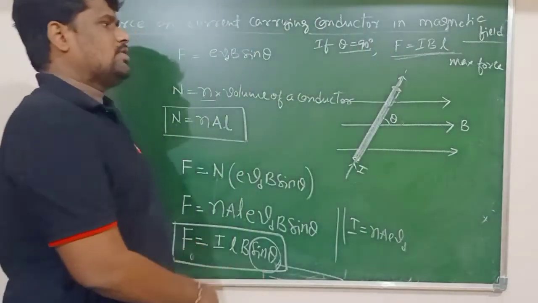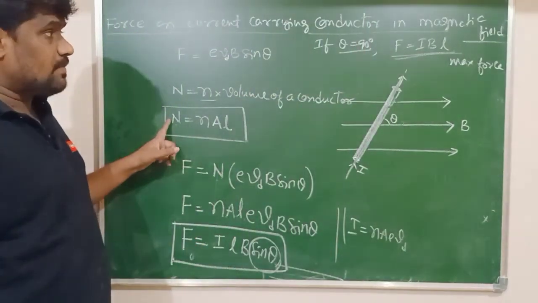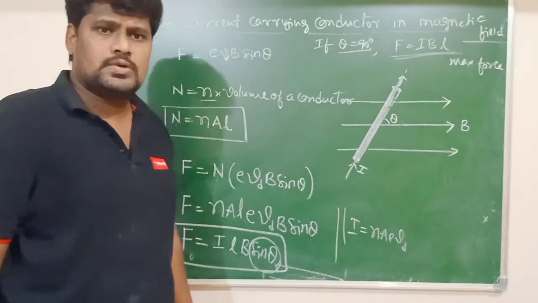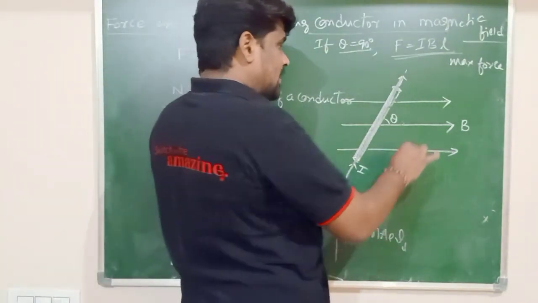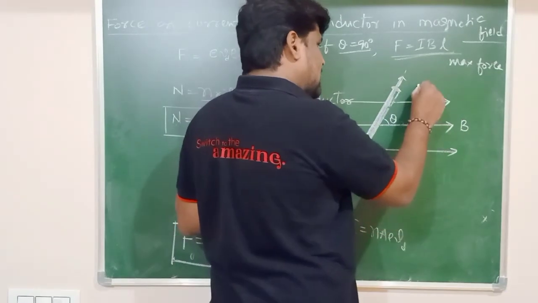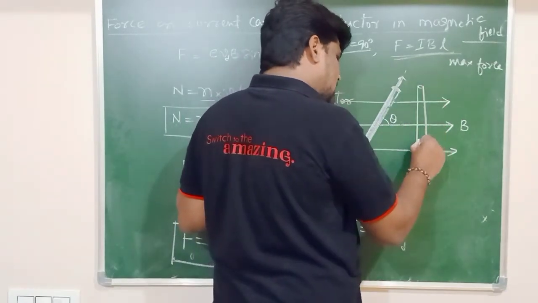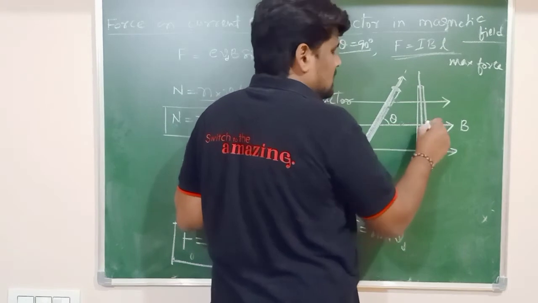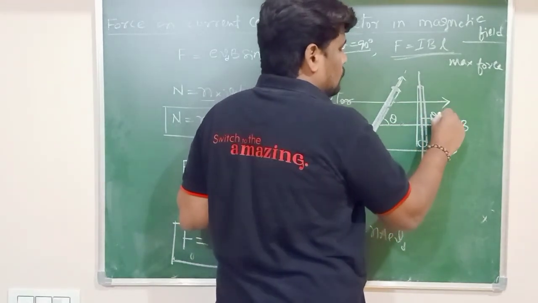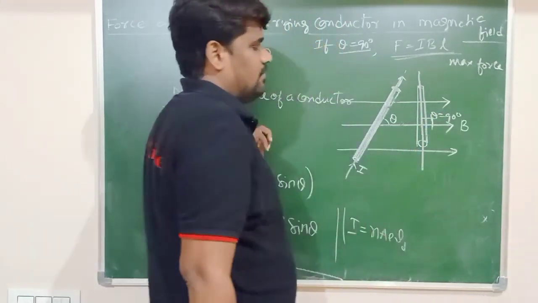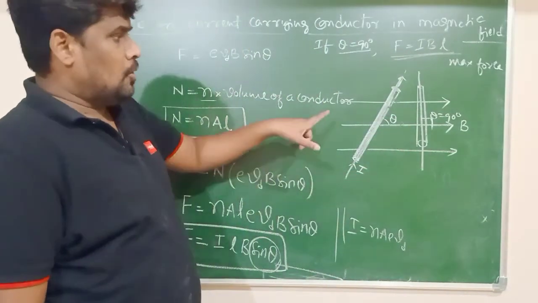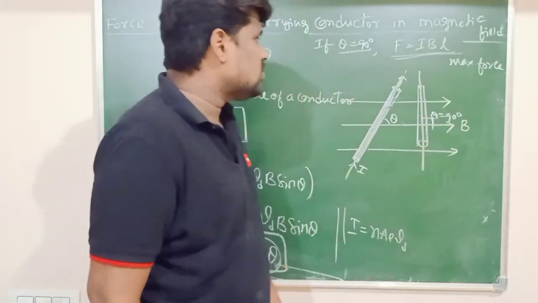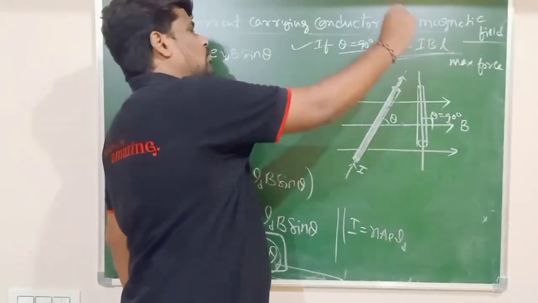Force is maximum when theta equals 90 degrees. What is the meaning of theta equals 90 degrees? It indicates that our current carrying conductor is perpendicular to the direction of the magnetic field.